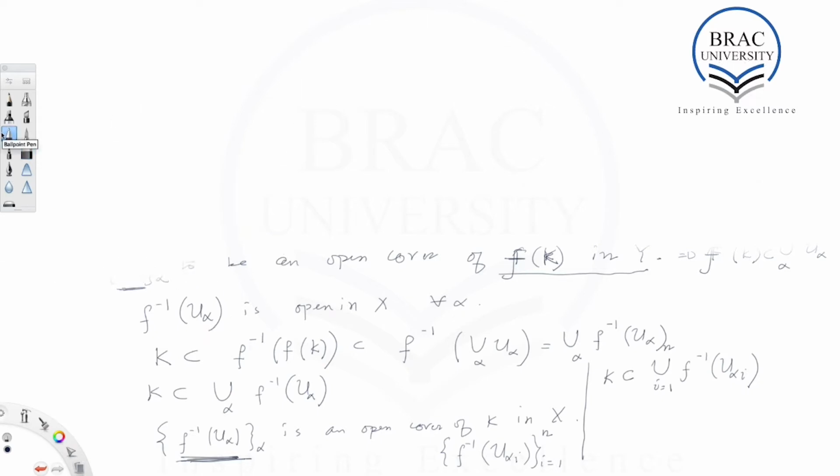And so from here, we immediately see that K is contained in this union, which I am rewriting here, and which is equal to, from elementary set theory again, the inverse image of this union.